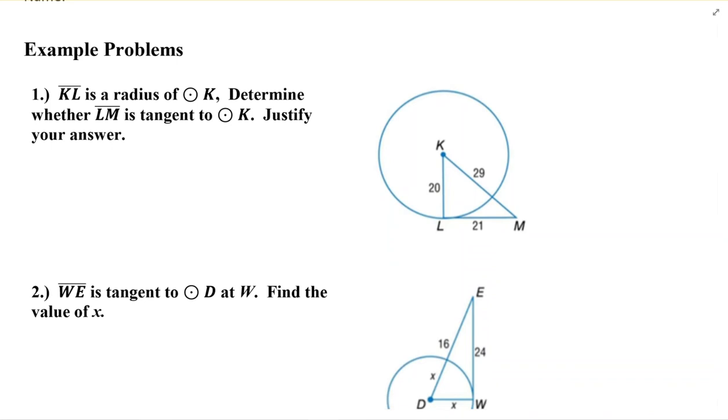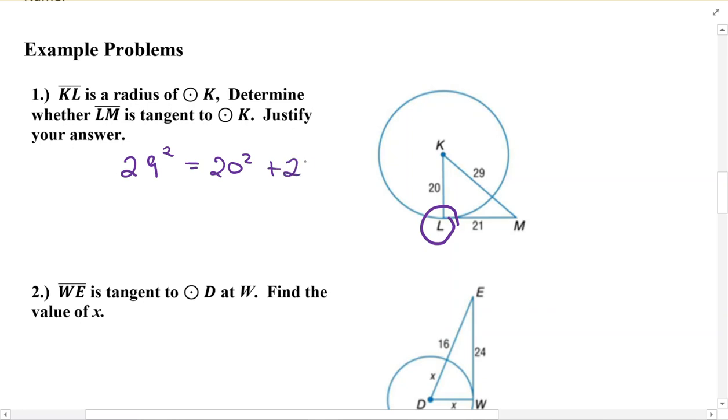Here we want to determine whether LM is tangent to circle K. To determine that, we have to show here that angle L is a right angle. So to do that, we use the Pythagorean theorem. Is the hypotenuse, which is 29, so 29 squared, does it equal 20 squared plus 21 squared? Well, 29 squared is 841.